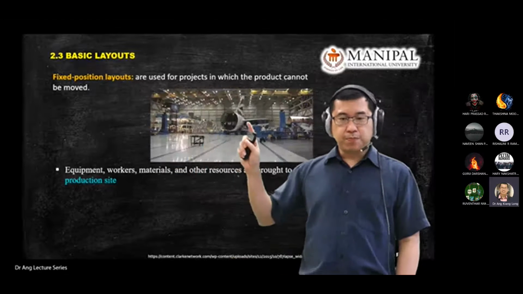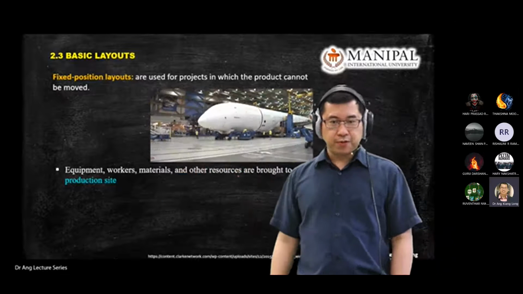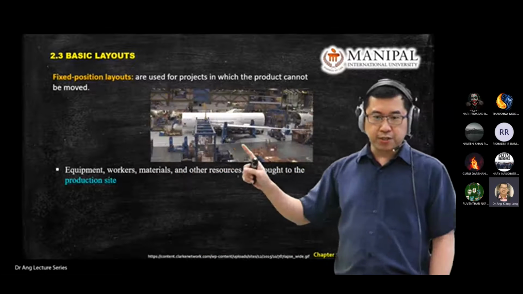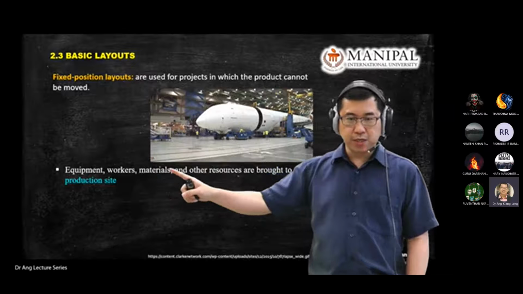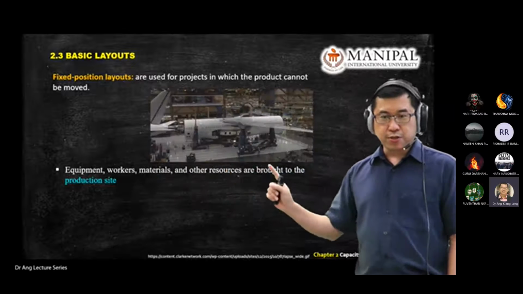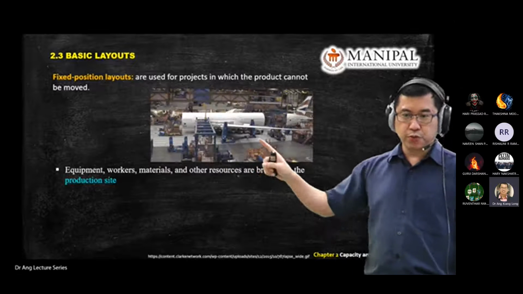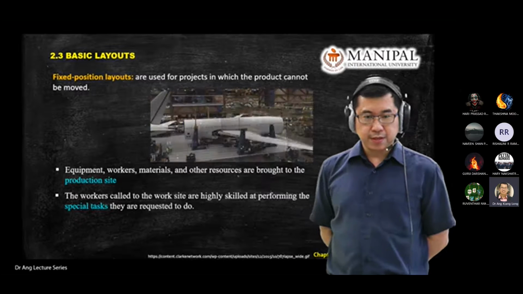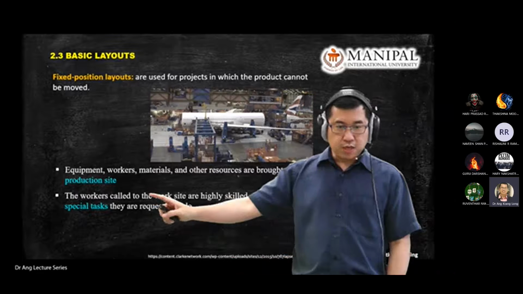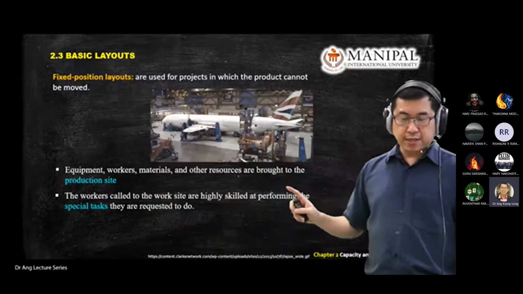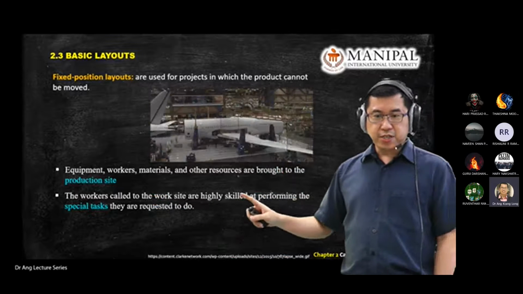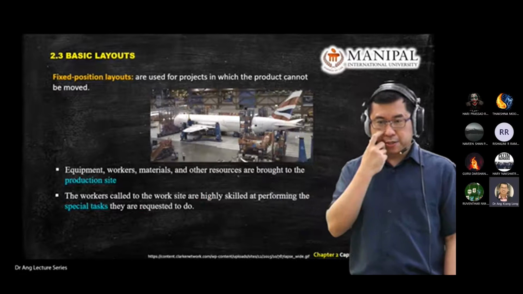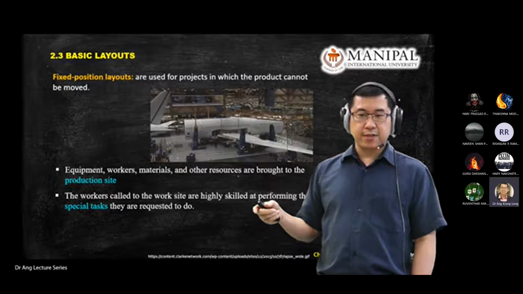Since your products cannot be moved, the other things are moved to the production site. For example, equipment, workers, material, and resources move into the production floor. And the workers on the site are very skillful. You can call them specialists, workers who are able to do only special tasks.